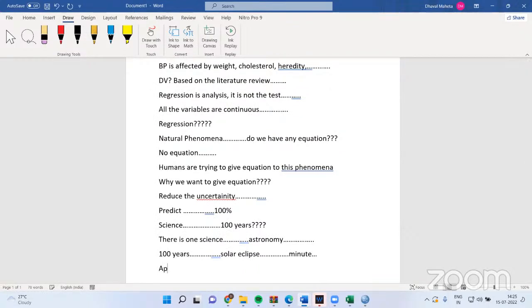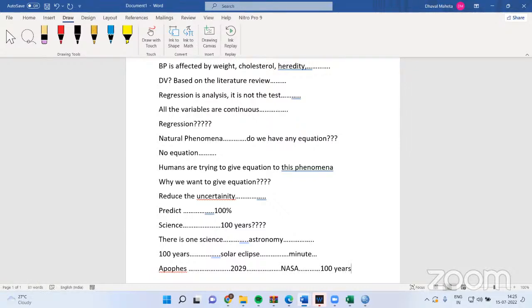NASA can predict that Apophis, the largest meteoroid, is going to pass the Earth in 2029. But NASA has said no need to worry for the next 100 years.